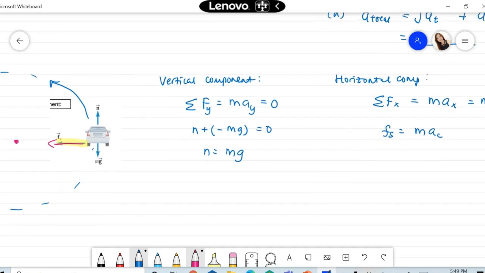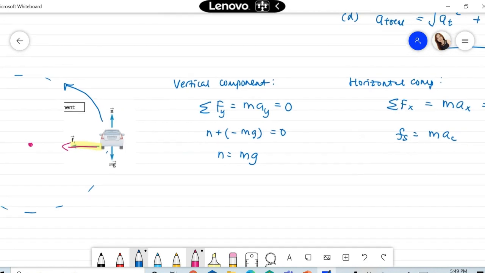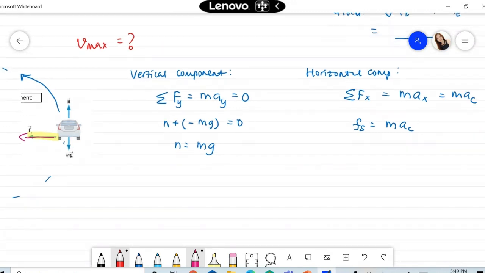Now the objective is to find out the maximum speed of the car so that the car will not slide. It will still be in contact with the road, right? So then I applied Newton's law on the horizontal component. And I also know that the maximum friction force here is equal to mu s multiplied with the normal force, equals mac. So what is the normal force?